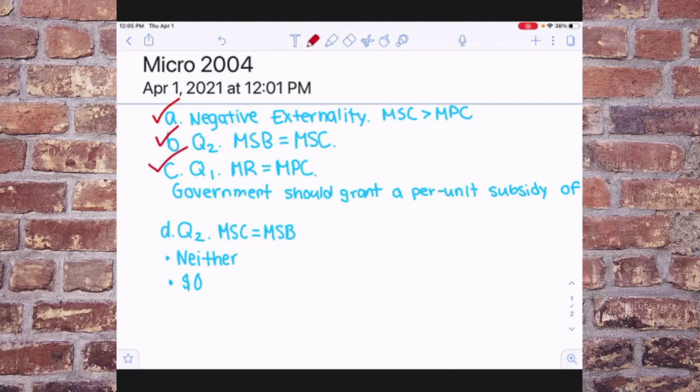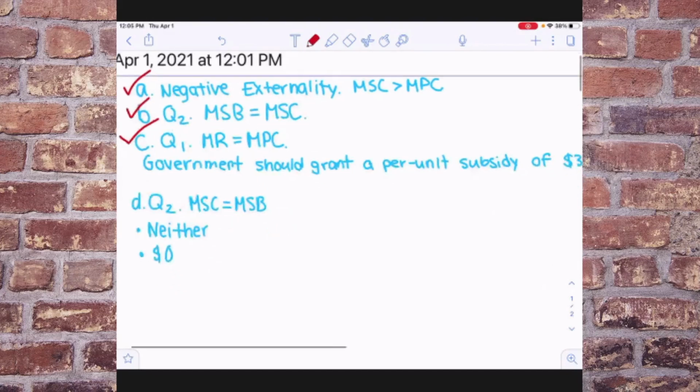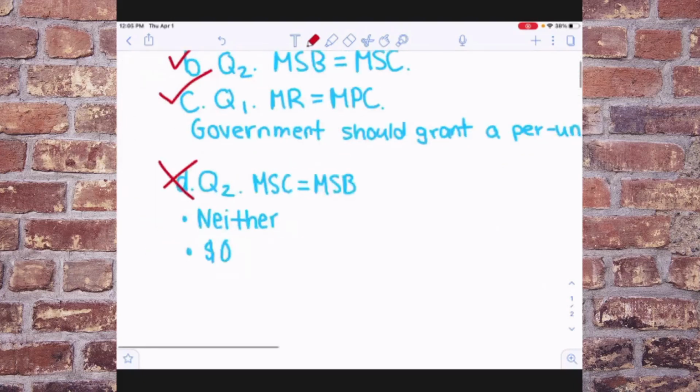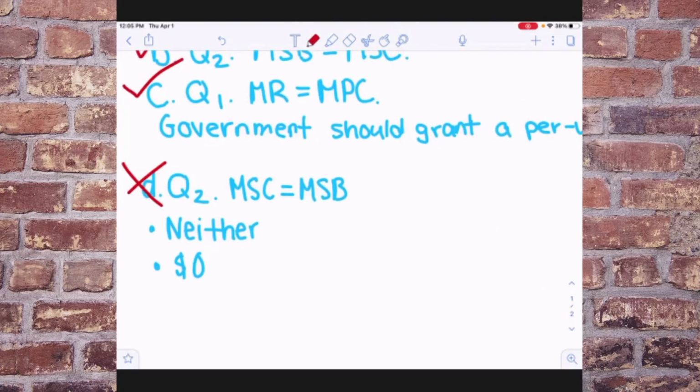Okay, we get to D, and D is wrong. Q2 is not the answer. Right after where we wrote MSC equals MSB, we're going to, in red, put down the right answer. In this case, the right answer was Q3.